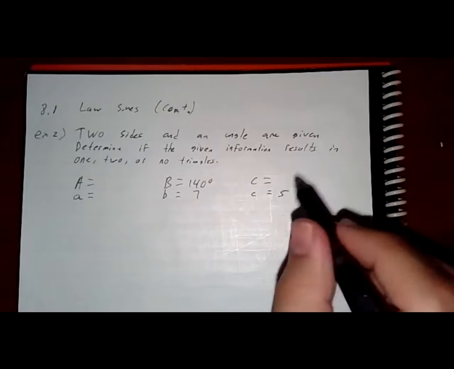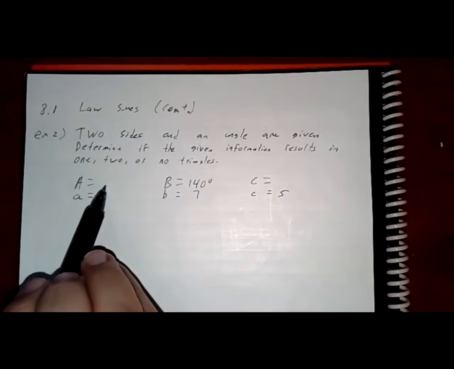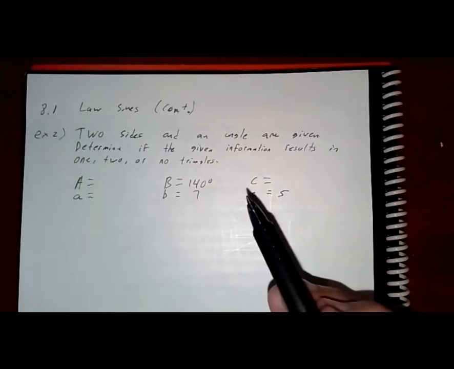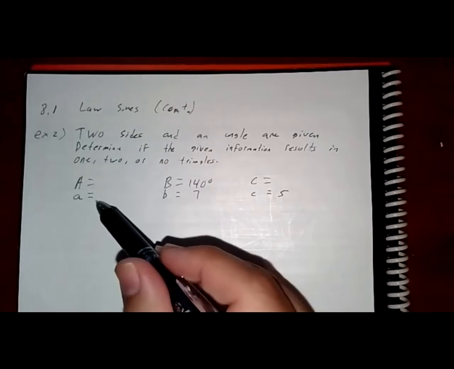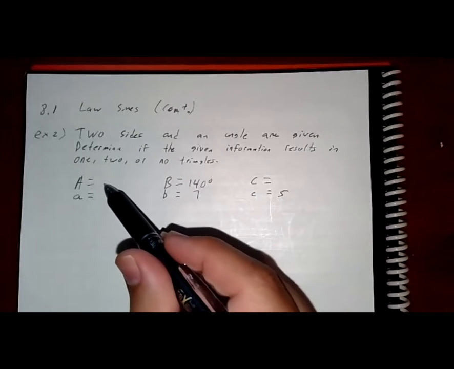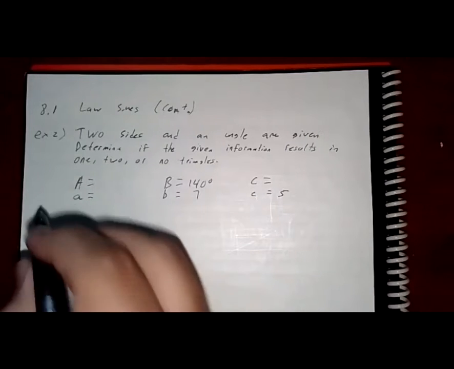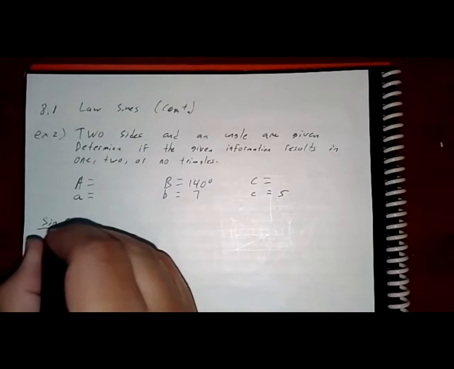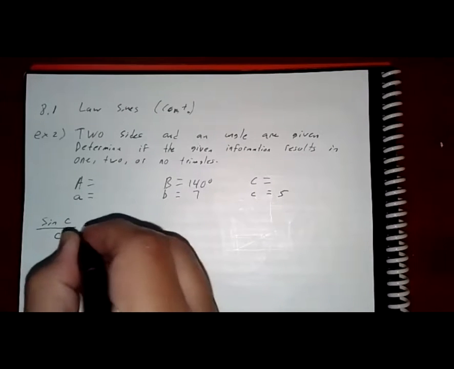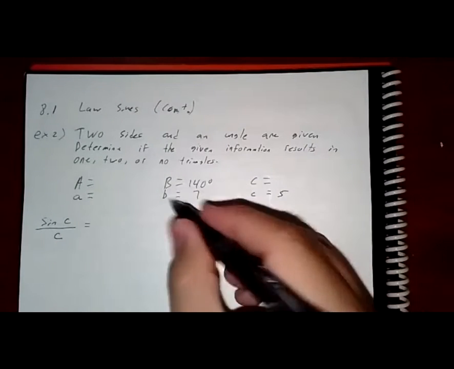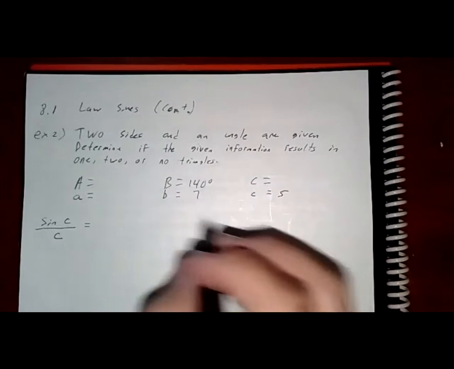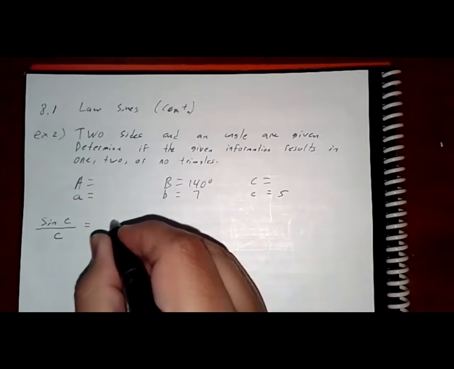And once we find C, then we can find A, no problem, because we know the total of the 3 angles. We cannot find little a currently because we do not have this angle. So we have to start here. There's no choice. Does that make sense, thought process? So I'm going to equate this to the complete set, B and little b, here.